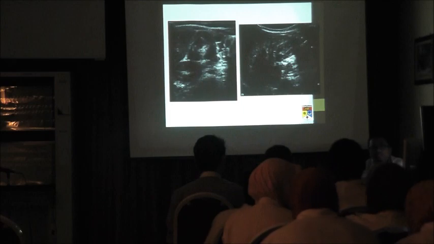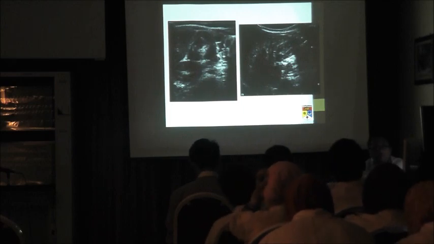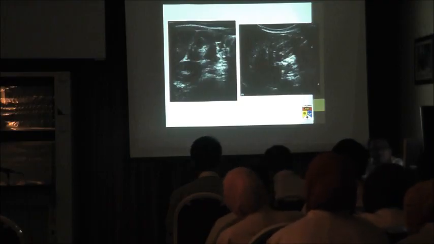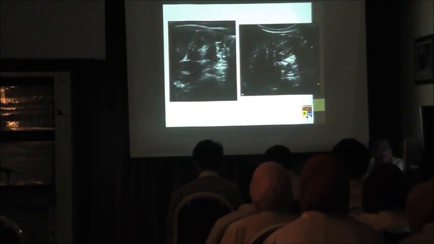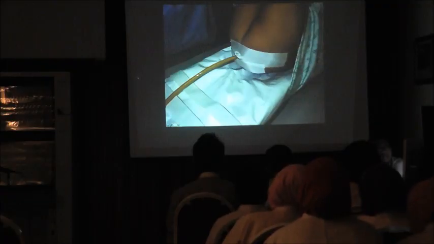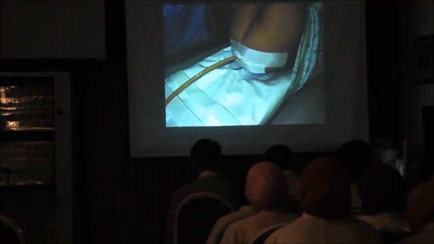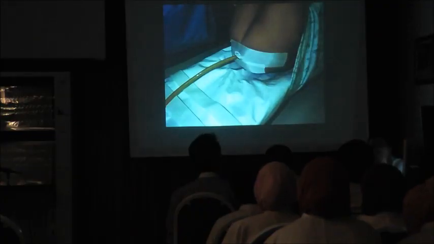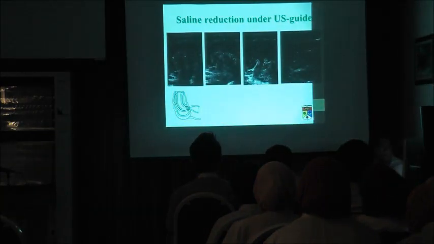So to treat this, it can be done in the radiology department. No need to go for surgery, right? So what we do is, we put the tube inside, and then from there you just flush saline. So basically by flushing the saline, you will push the telescopic part of the bowel outside lah. Right? So this is what you see.